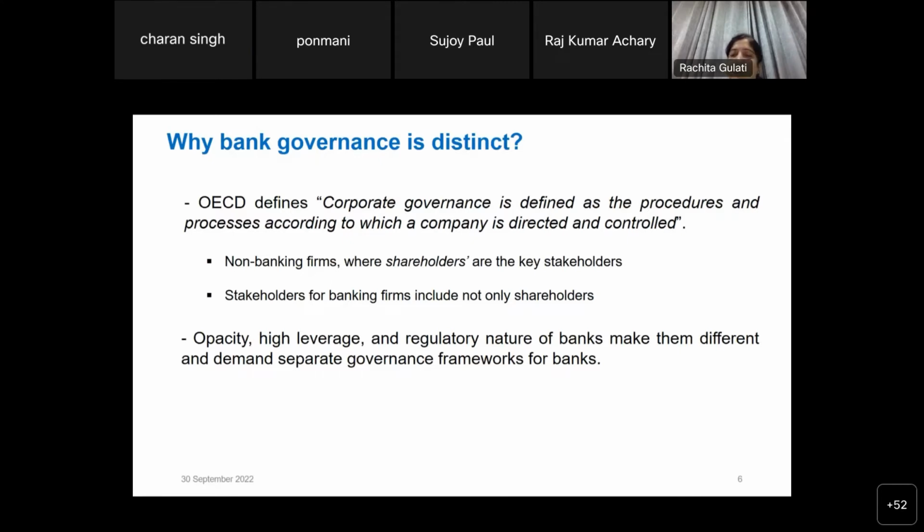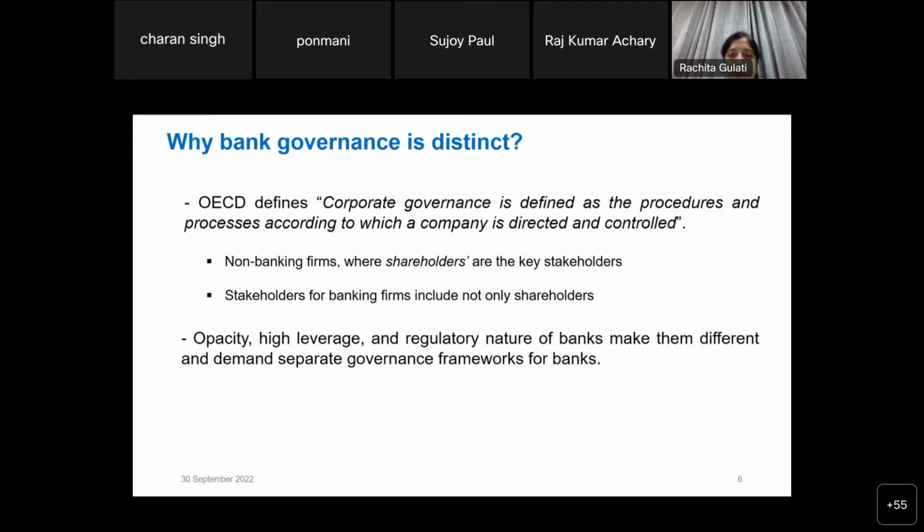Rather, good governance practices should also cover the depositors, creditors, the general public and taxpayers, whose interest or trust needs to remain intact in the banking system by the managers.